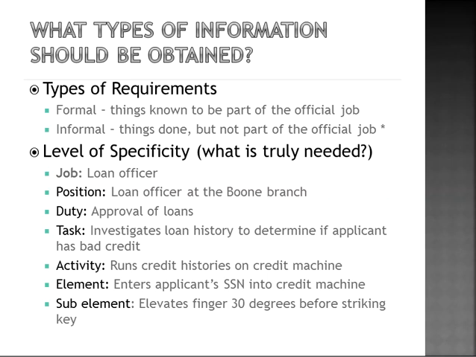We have the job, loan officer; the position, loan officer at Boone Branch; the duty, approval of loans; the task, investigates loan history to determine if applicant has bad credit; the activity, runs credit histories on credit machine; the element, enters applicant's social security number into credit machine; the sub-element, elevates fingers 30 degrees before striking key. So we see levels of specificity getting more and more specific, all the way down to the sub-element.